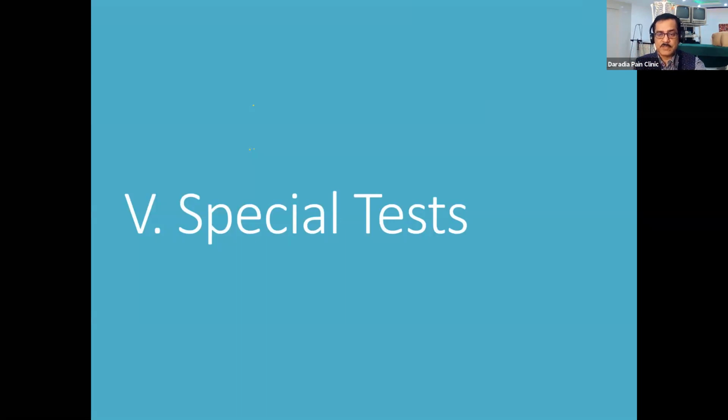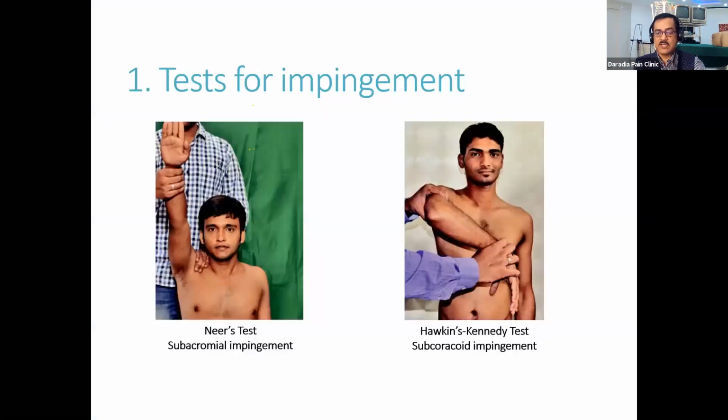Now come the special tests. As I was telling, there is a long list of special tests. First is your test for impingement. As I told, there are 2 important impingements. One is your subacromial impingement, which is tested by the Neer test. You are just passively elevating it, or you can do it both active and passive.